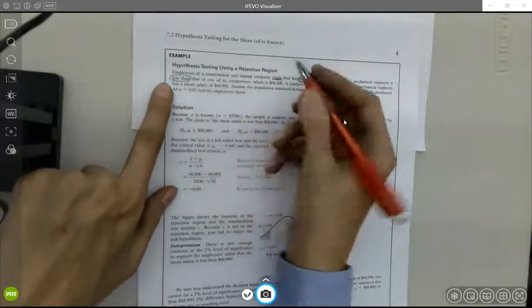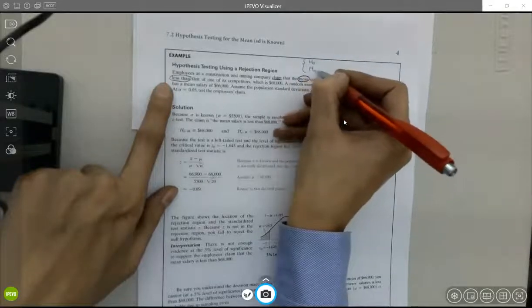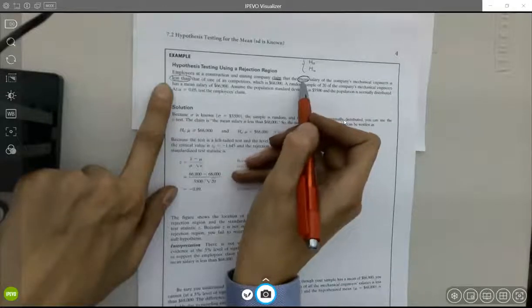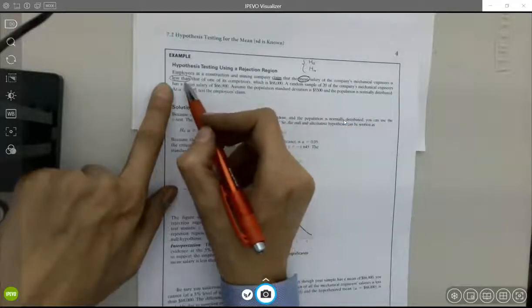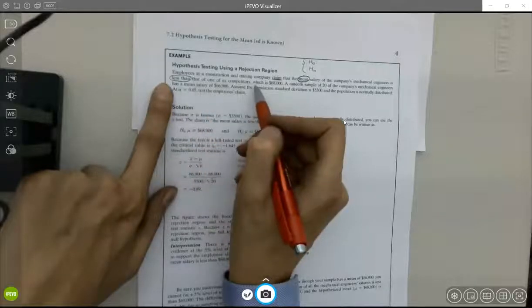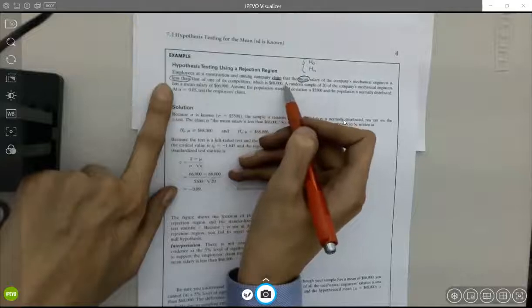Is it the null hypothesis or is it the alternative hypothesis? Which one is that? Alternative. Alternative, very good. We don't have equality. Mean is less than that of one of its competitors, which is $68,000.